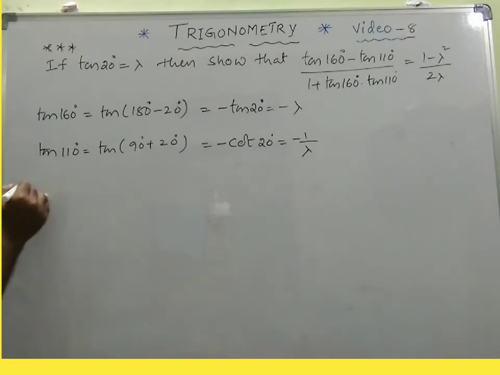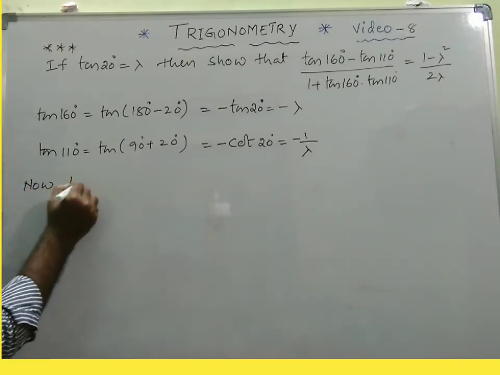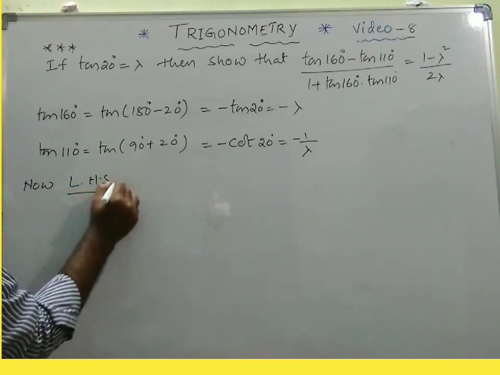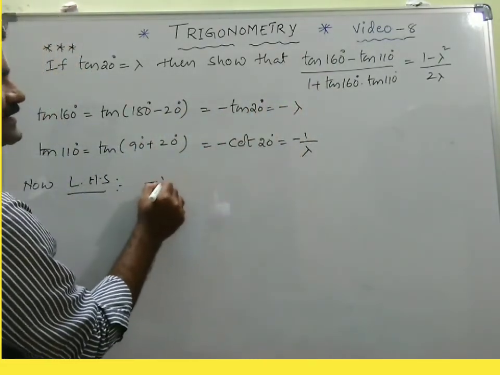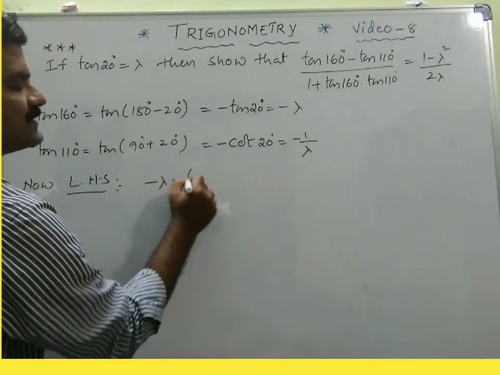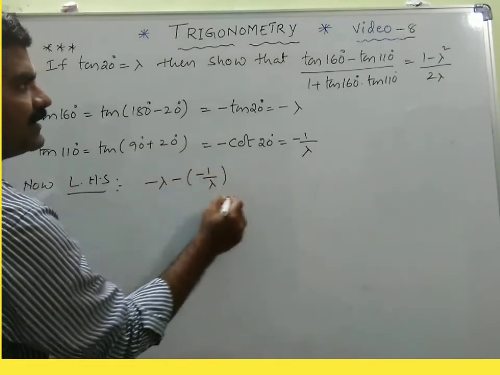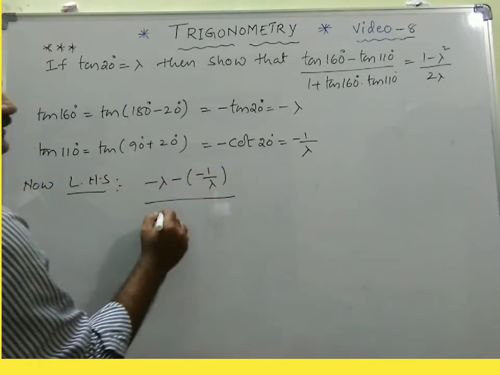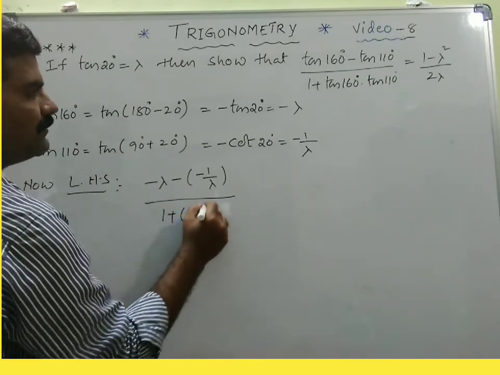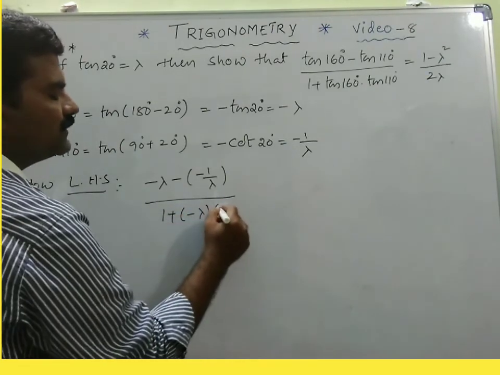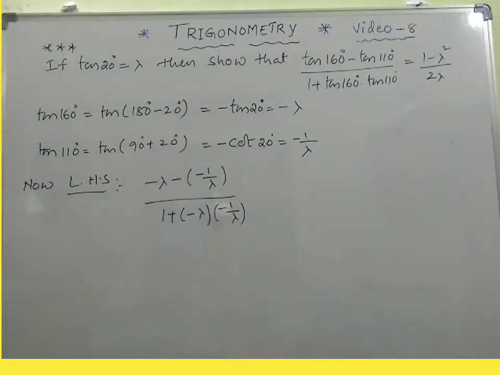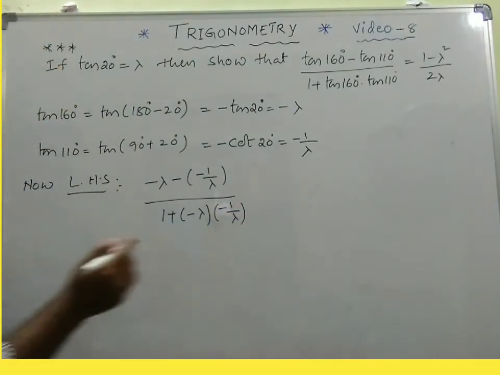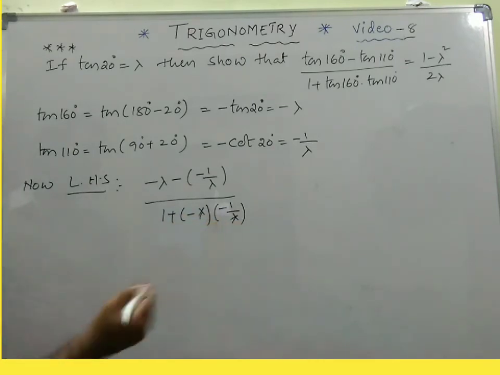Okay, so now let us substitute these values in the LHS. That is, tan 160 is nothing but minus lambda, minus of minus 1 by lambda, whole divided by 1 plus minus lambda into minus 1 by lambda. Just substitute the values. Okay, so now here lambda gets cancelled.